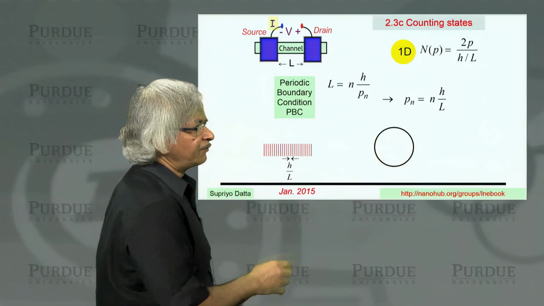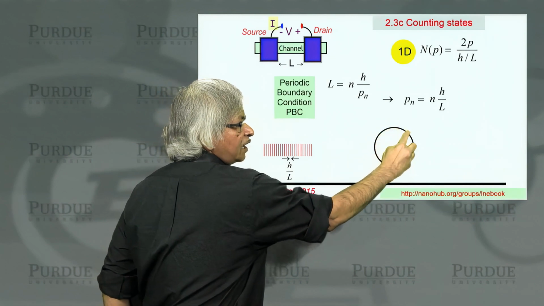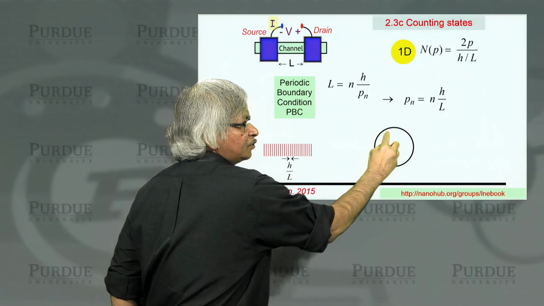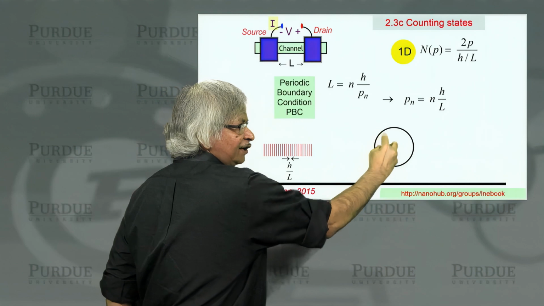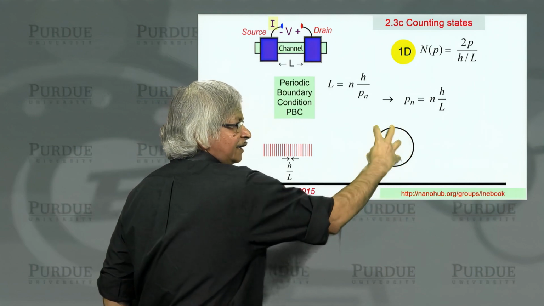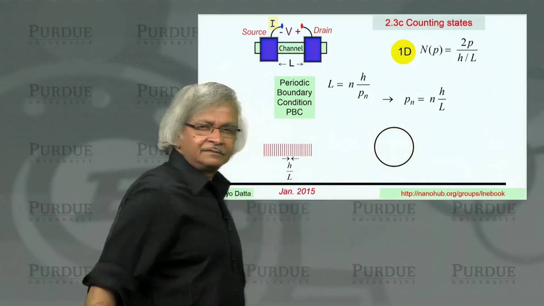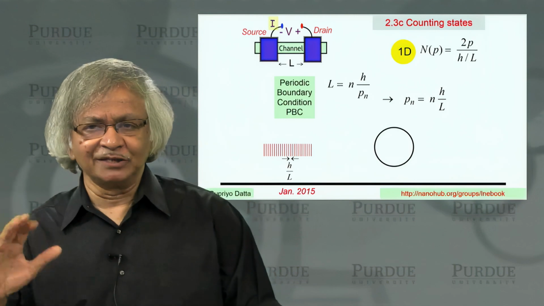Because if it's in the form of a ring, then you could argue that when you have a wave that goes around this ring, when it comes back, it needs to connect up to where it started. You see, otherwise there would be a discontinuity there. And so you could argue that the overall wavelength must always fit into the length. And this is what you might call a poor man's quantum mechanics.